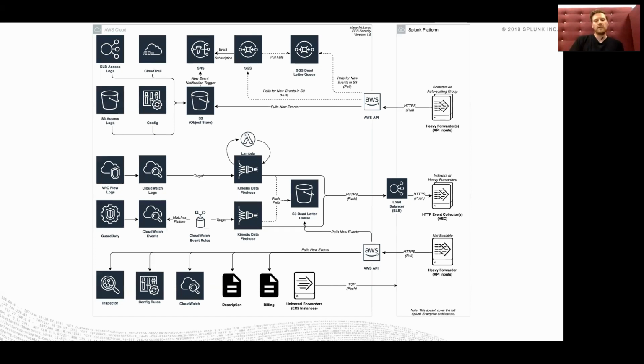The good thing is the inputs at the bottom of the screen are usually all quite low volume. I think description gets updated every 4 hours, and that's on the AWS side. Billing is maybe 8 hours or daily. CloudWatch is faster, but I think there's a delay of up to half an hour. So when it comes to the requirement of near real time monitoring, those inputs probably aren't for you anyway.